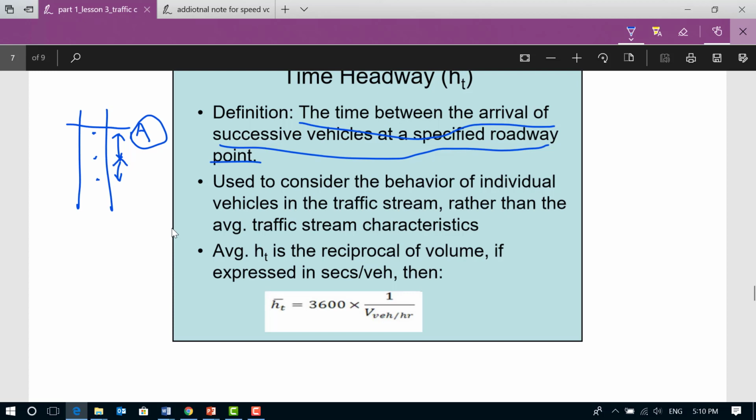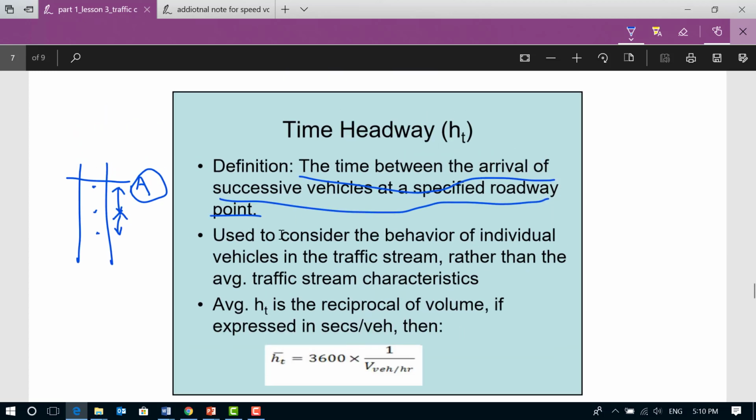So traffic volume is based on the total number of vehicles per unit of time, usually per hour. And the time headway is used to consider the behavior of individual vehicles in the traffic stream rather than the average traffic stream characteristics.